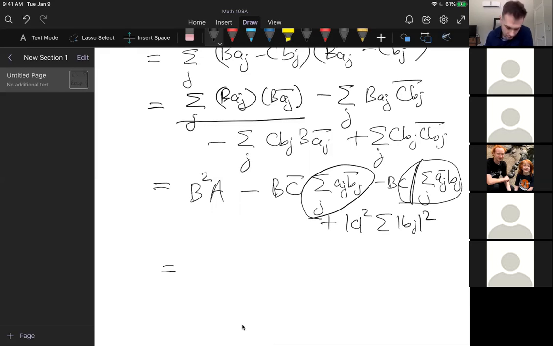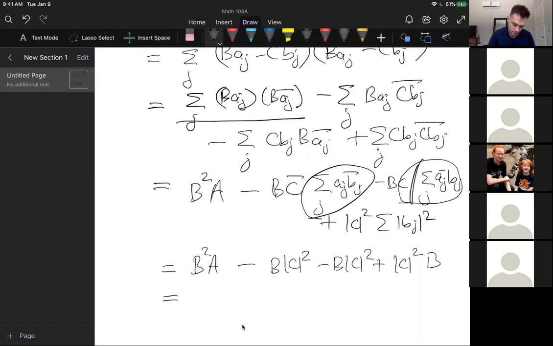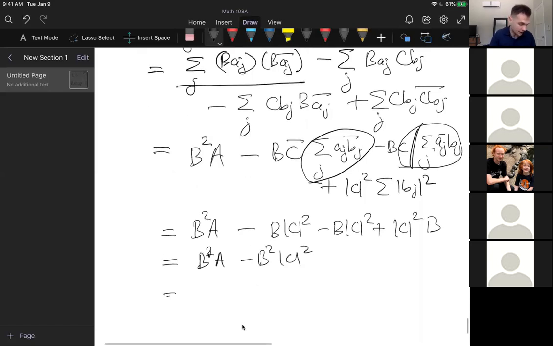So then this becomes B squared A, minus B C squared, minus B C squared, plus C squared B. So I get B squared A minus B squared by the norm of C all squared. And then if I factorize, I get B times AB minus B norm of C.